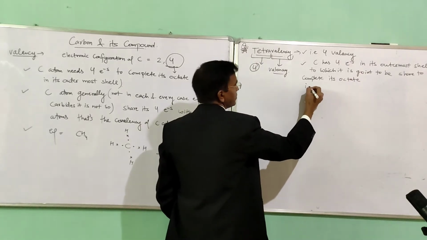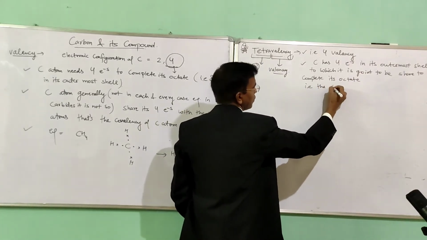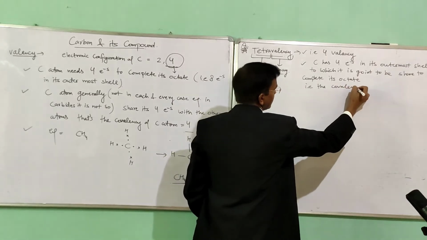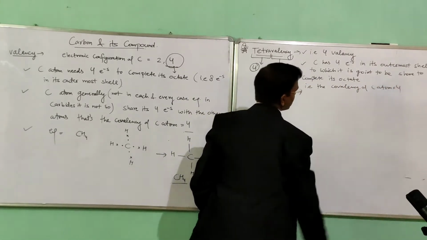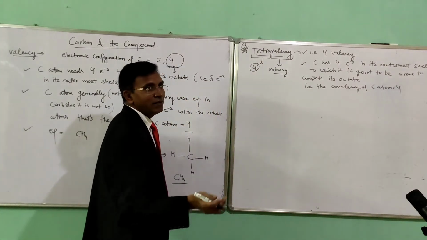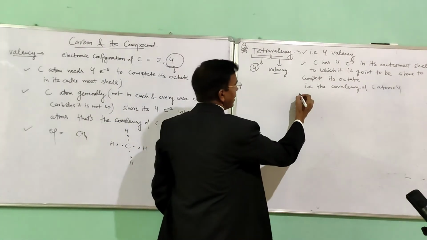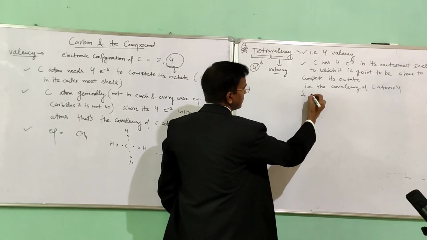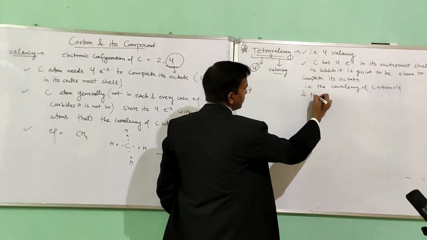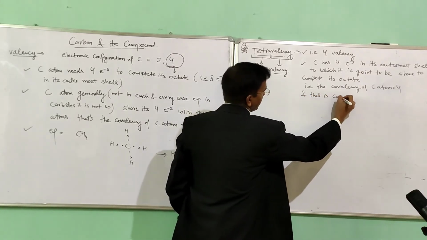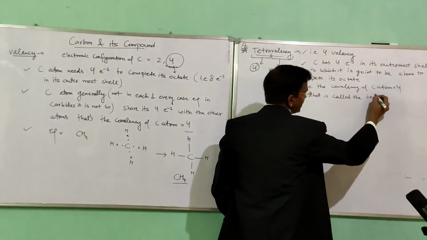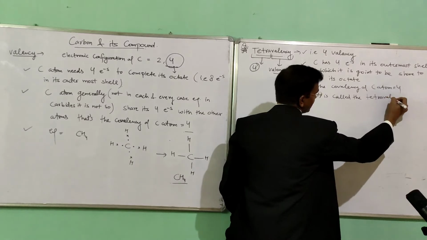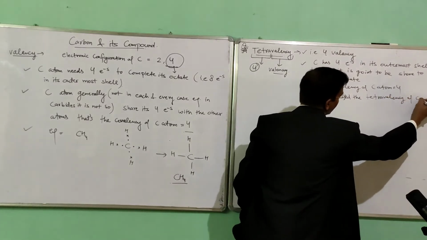That is, the covalency of carbon atom is 4, and that is called the tetravalency of carbon atom.